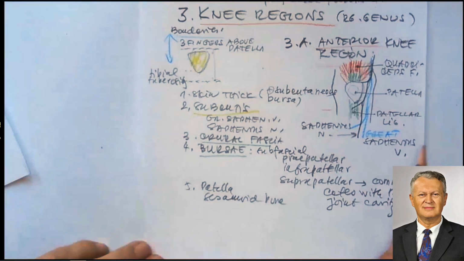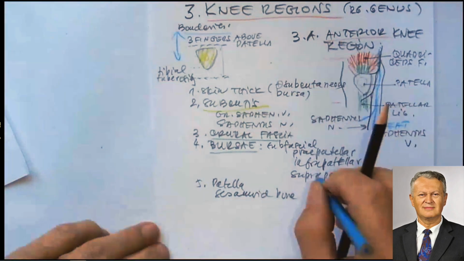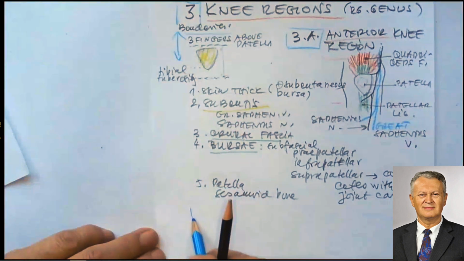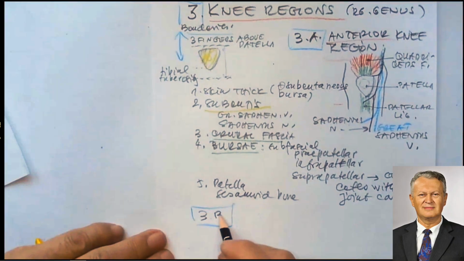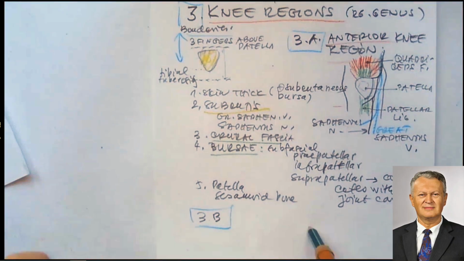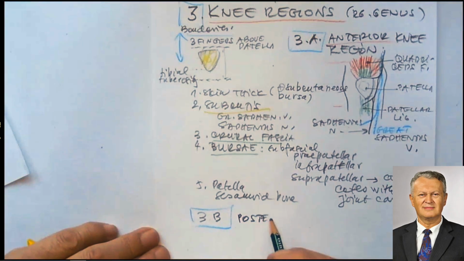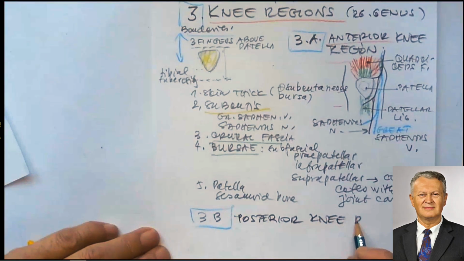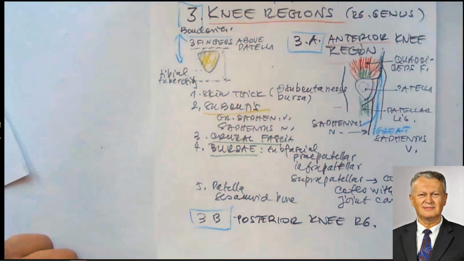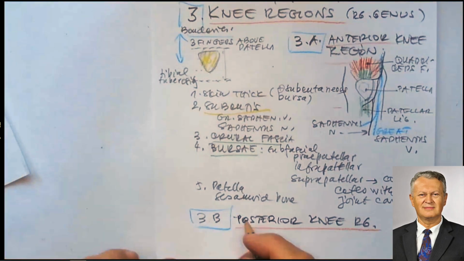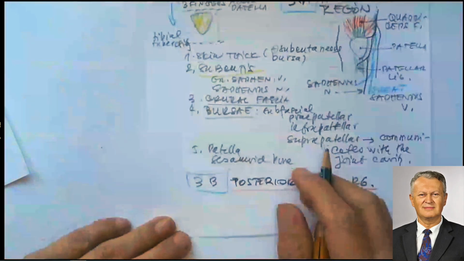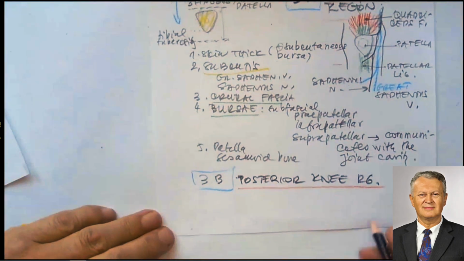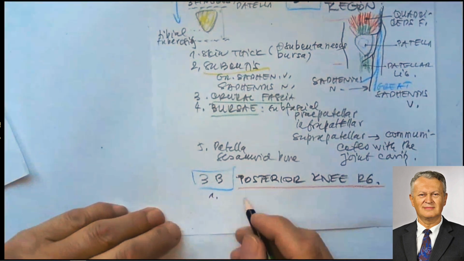But more complicated is 3B. Here is the place 3B, and we call it the posterior knee region, regio genus posterior, and this contains the following, and I have to add one simple drawing sketch.